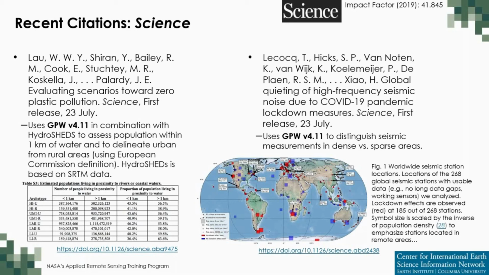An interesting one last year, given the pandemic, was it was used to help distinguish location of seismometers, which were being used to kind of detect the change in human activity that reflected in lower seismic noise during the pandemic because of the reduced movement of people.